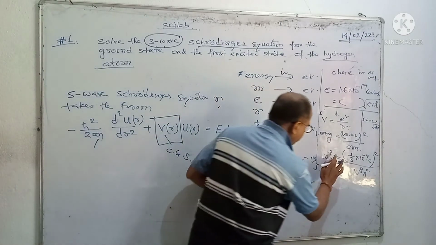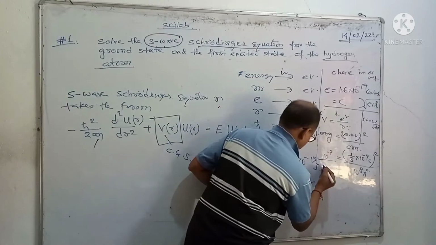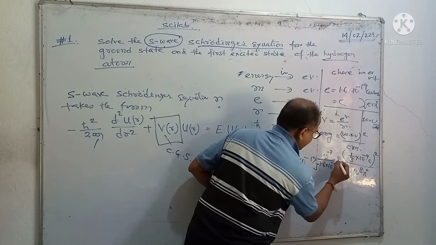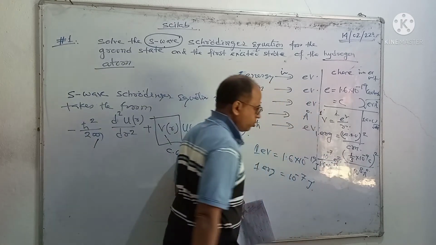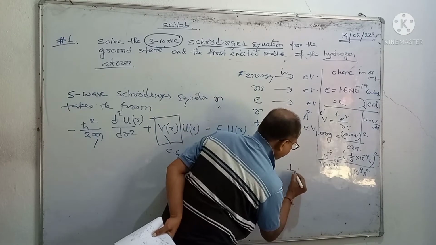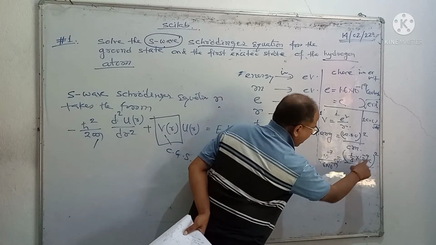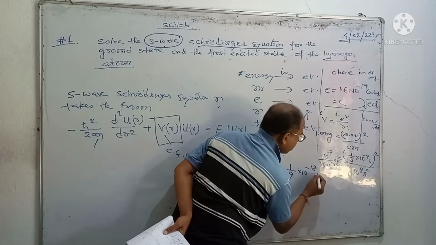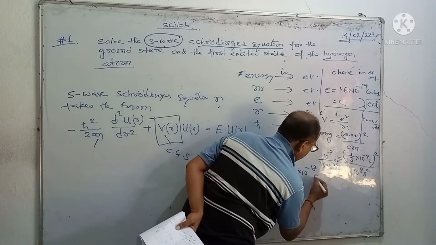Okay? Therefore, divided by 1.6 into 10 to the power minus 19 electron volt. Done? 1 by 9. 10 to the power minus 9 square is 10 to the power minus 18 coulomb square.